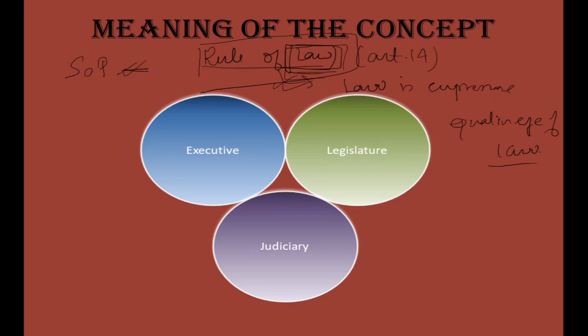Again, I'll explain. Say there is rule of law, but there is no separation of power. So the body which has enacted the law is the same body which is executing the law. Now, this law which is being enacted and executed can be arbitrary in nature because there is no authority to check on the reasonableness, the fairness, the justness of the law or its execution. For example, say you own a restaurant.